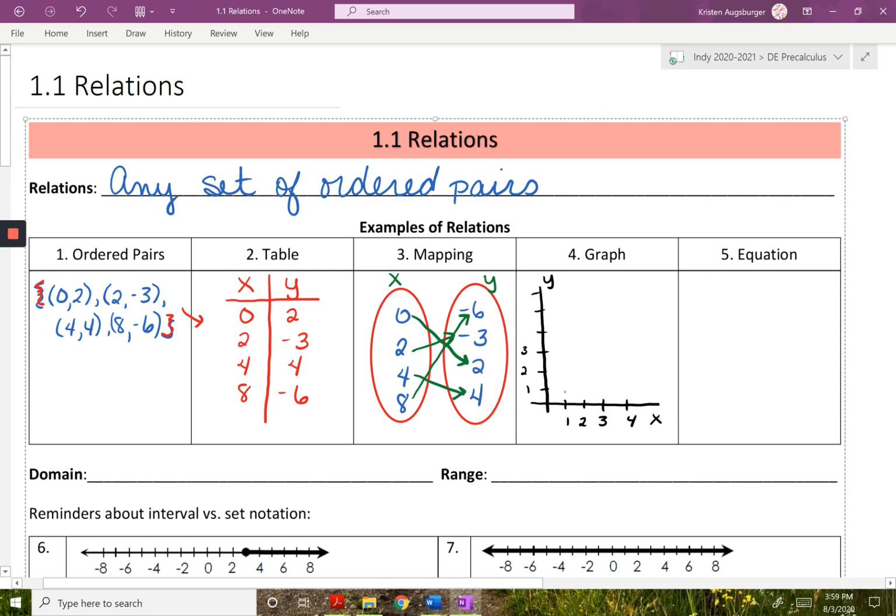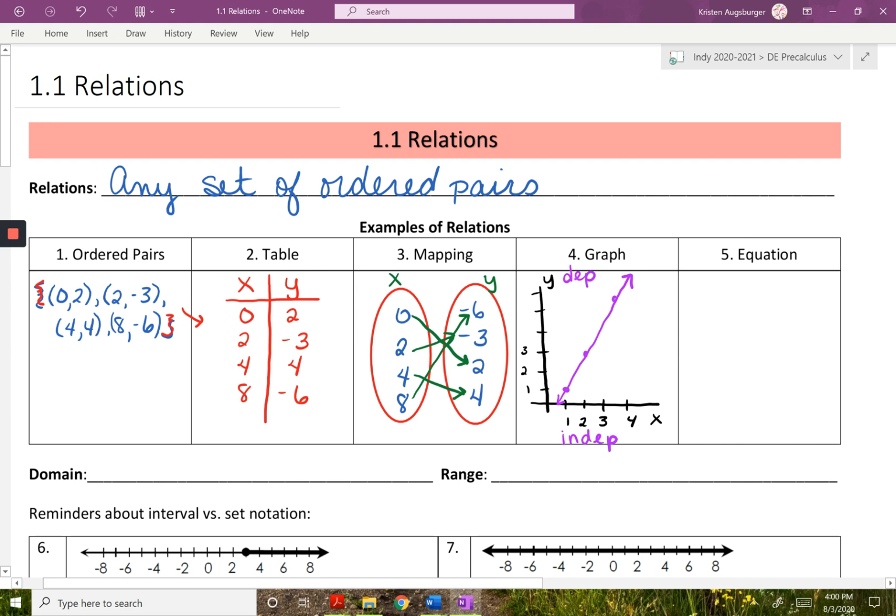So I can do coordinate points like this. If I'd like, I can even connect points with lines or other shapes. That's also a relation, because again, a relation is a mapping of X, my independent variable, to Y, my dependent variable.